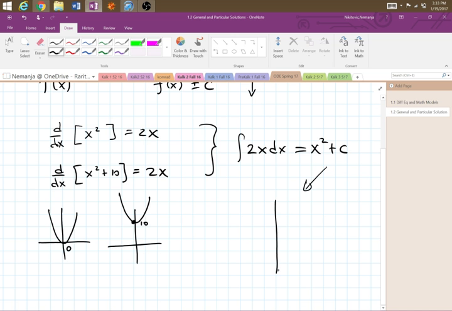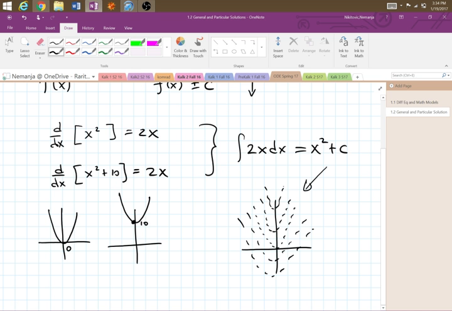And x squared plus c is going to be the family. So I'm going to use these dashed lines and tell you that we are preserving the x squared shape, but we are going to have infinitely many of these stacked on top of each other.